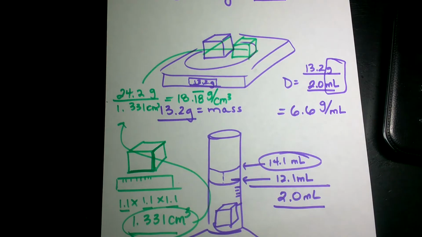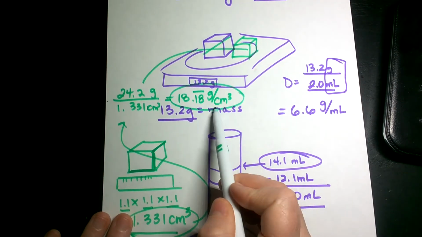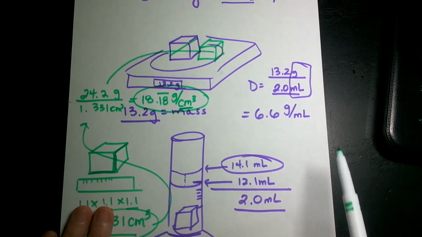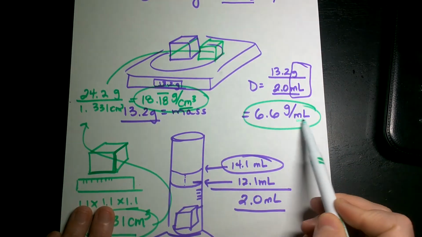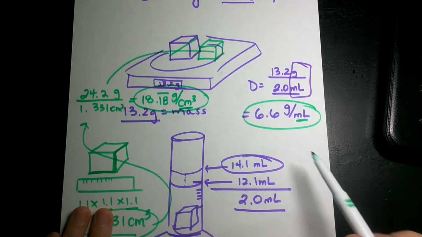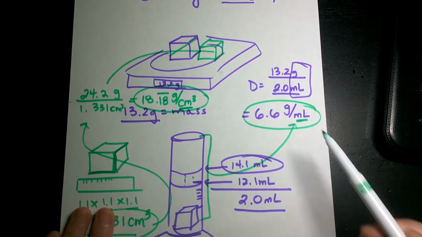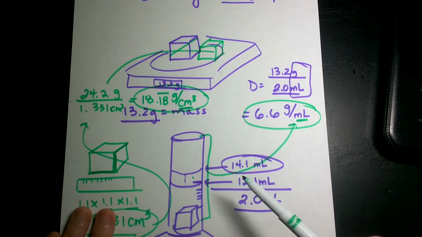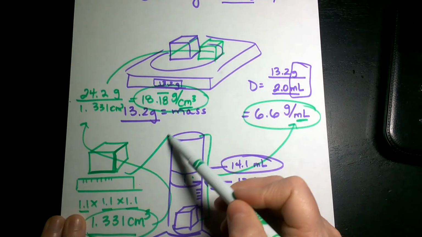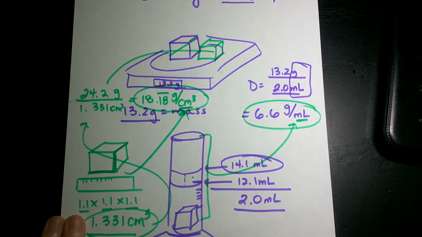All right, so the units look different on those two, but it's fine because whether you use centimeters cubed on the bottom or milliliters on the bottom depends on what piece of equipment you use. So if you used your graduated cylinder, the volume has units of milliliters. If you used your metric ruler, it's going to have centimeters cubed. Both of those are densities.